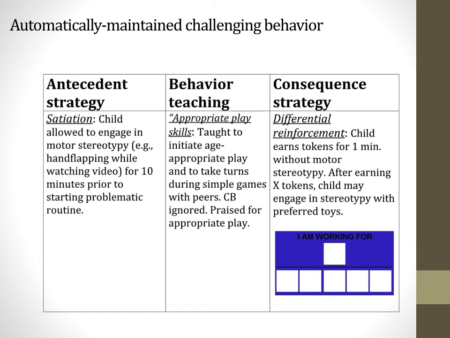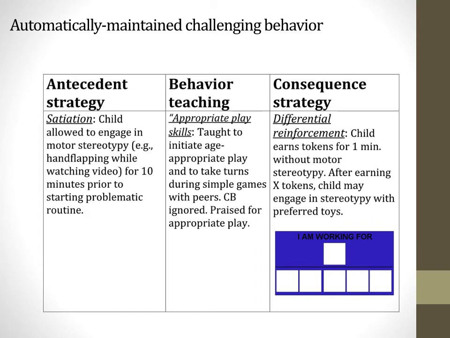You can also use differential reinforcement as a consequence strategy. So when the child does not exhibit the hand clapping behavior, the self-stimulatory behavior, for 1 minute, the child will receive a token. So using a token economy, you can gradually increase the time. So first 1 minute, the next time 1 minute and 30 seconds.